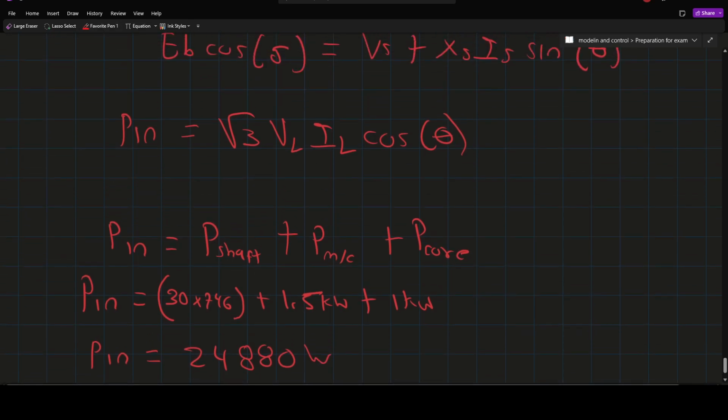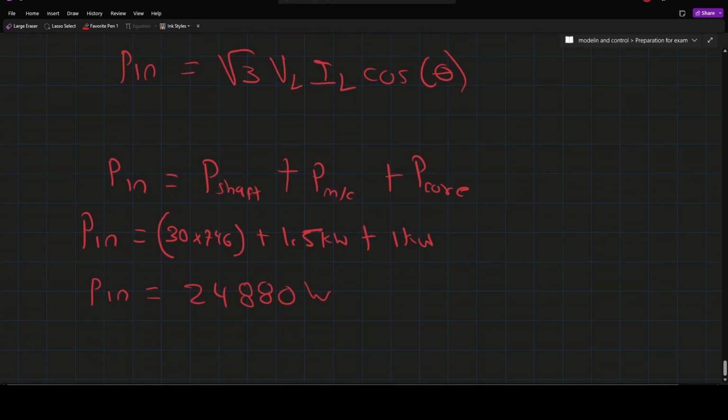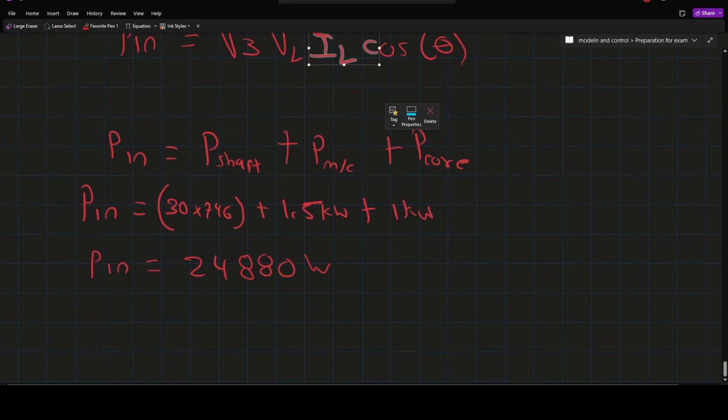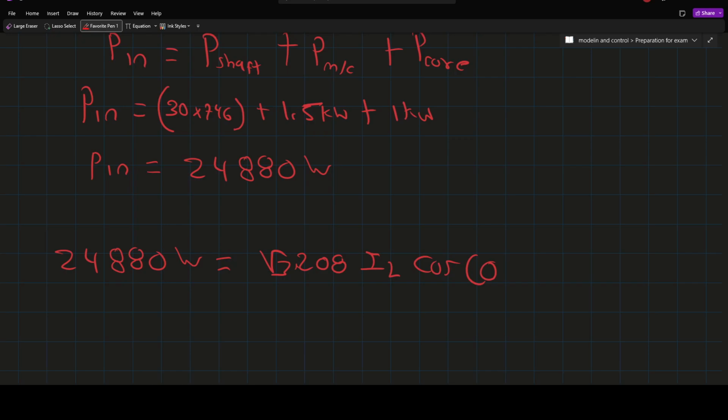So we know our power in, and we know our line voltage. What we don't know is the cosine of theta and the IL. So we can plug in what we know. We know square root of 3 times 280 is our line voltage, and we don't know these two.